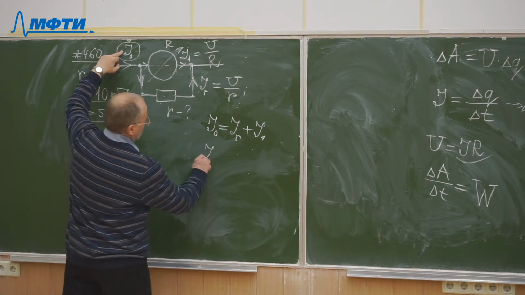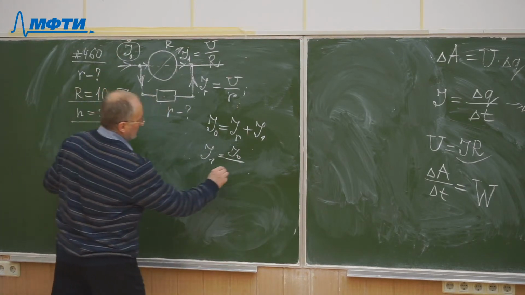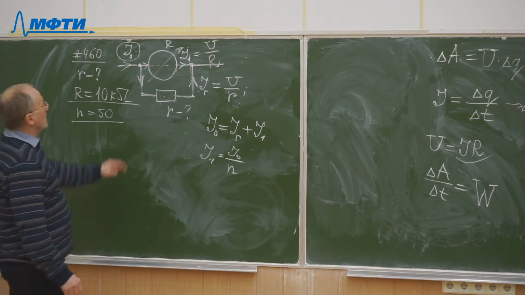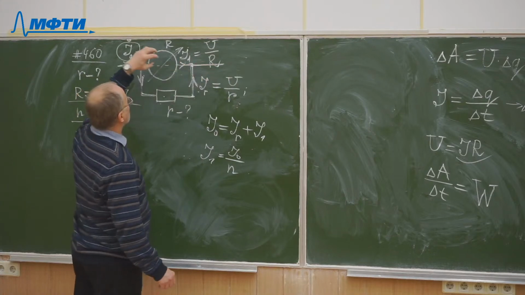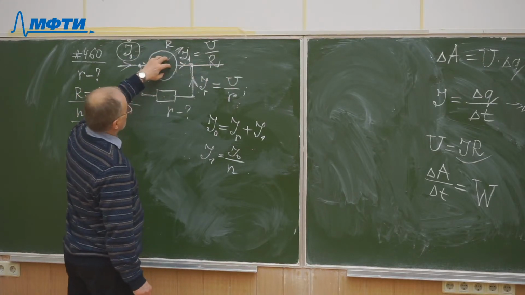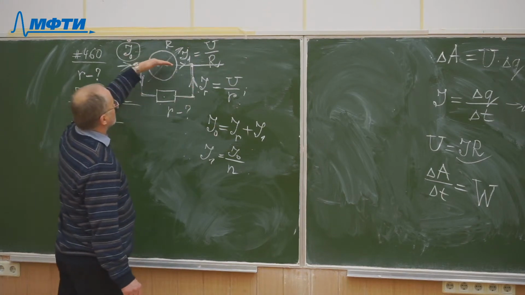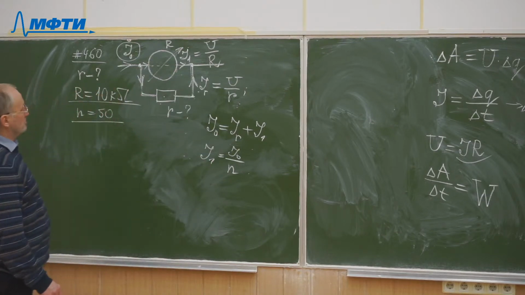So I1 must be I0 divided by n, by 50. We want to reduce the sensitivity n times. If there were no external shunt, then all the current goes through the galvanometer. But if we attach an external shunt, the current flowing through the galvanometer will be n times smaller.